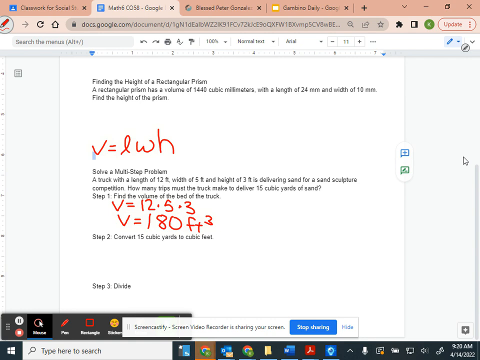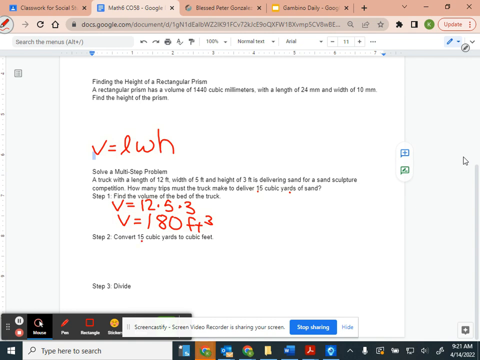in feet. I want to know how long it takes to do 15 cubic yards. What am I going to need to do, Brielle? Convert. How many feet is 15 cubic yards?